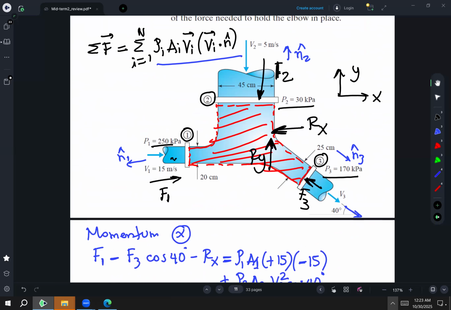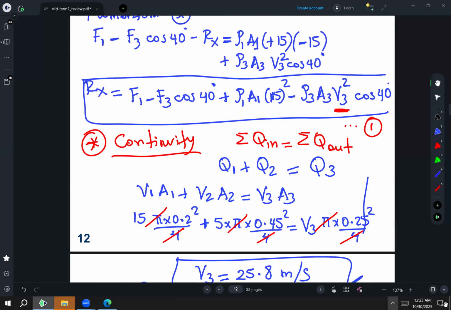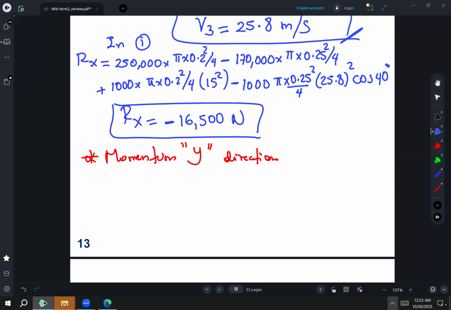From pipe 1, we don't have any forces because all of them are in the x, but now I am talking about the momentum in the y direction. F2 is pointing in the negative y direction, so it's going to be minus F2.